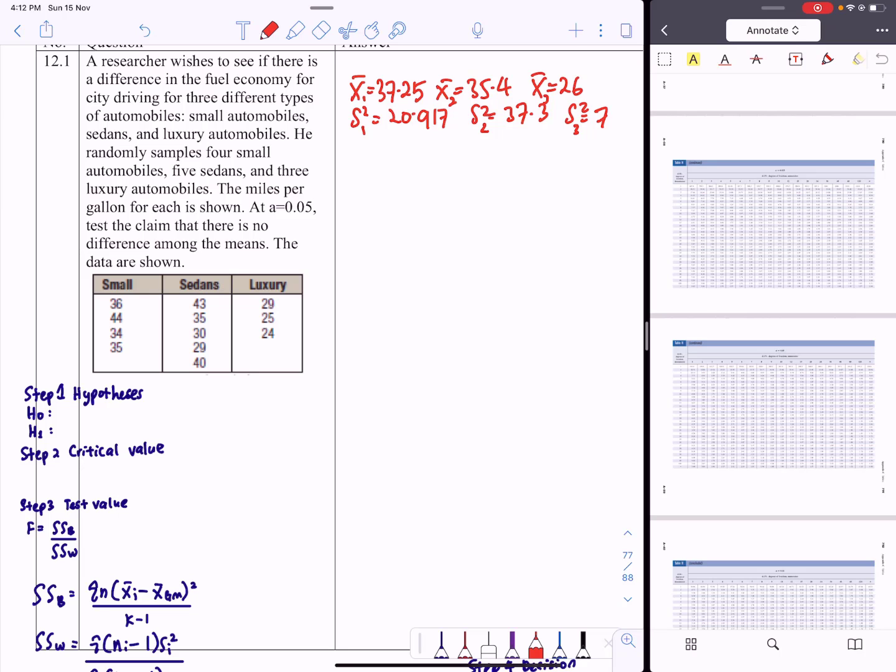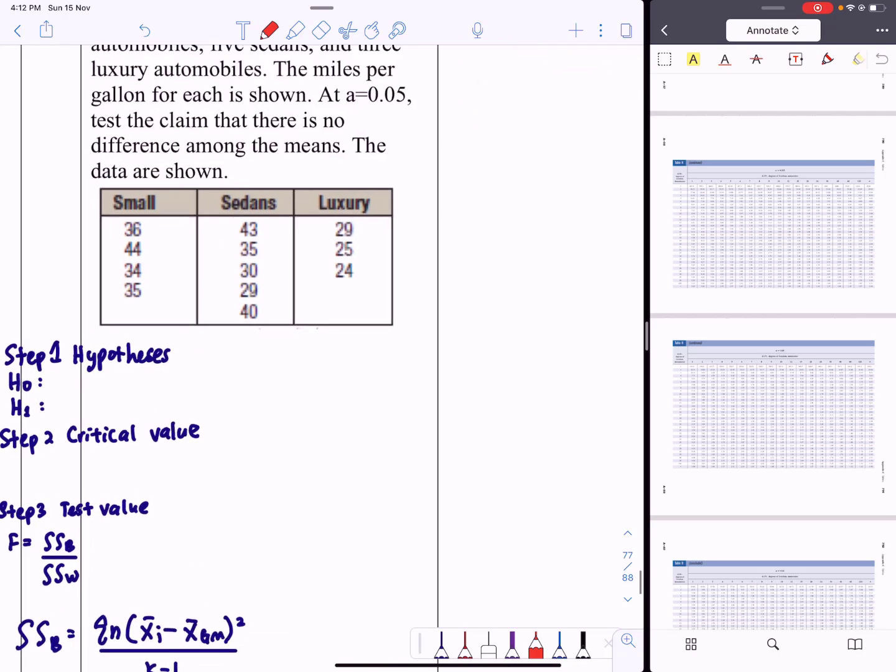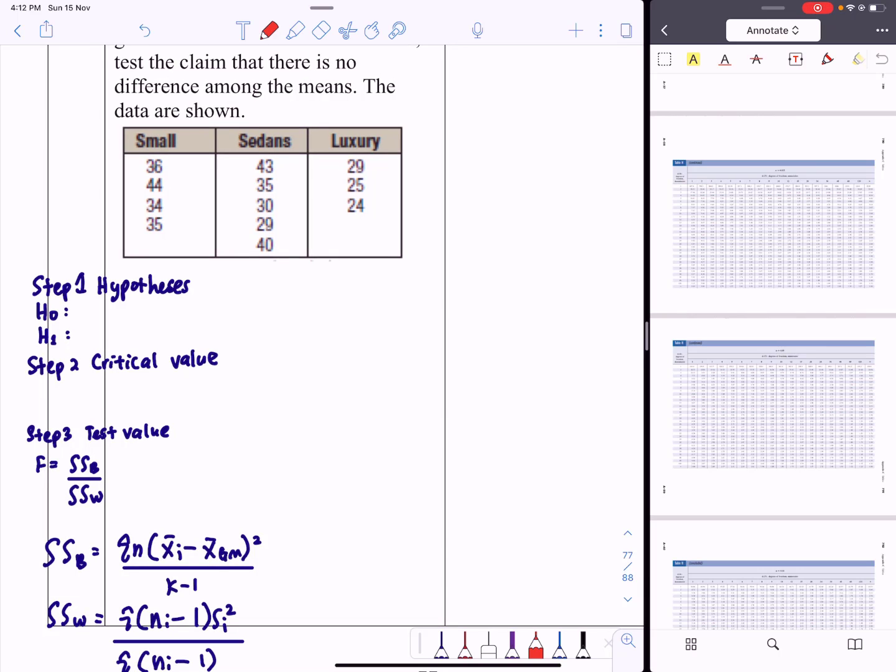Then we do according to step 1 up until step 5. What is step 1? Step 1, mean 1 equals mean 2 equals mean 3. Please do remember, ya, when we talk about the null hypothesis, it is equal, they have no difference.